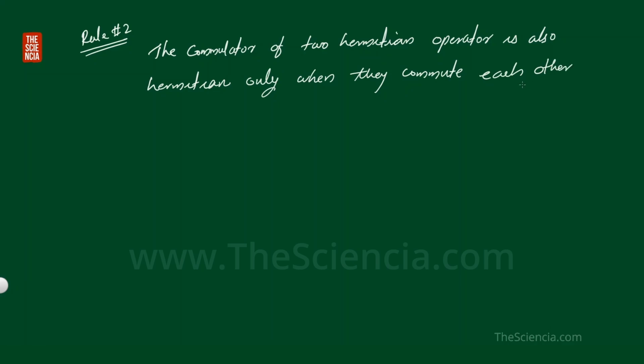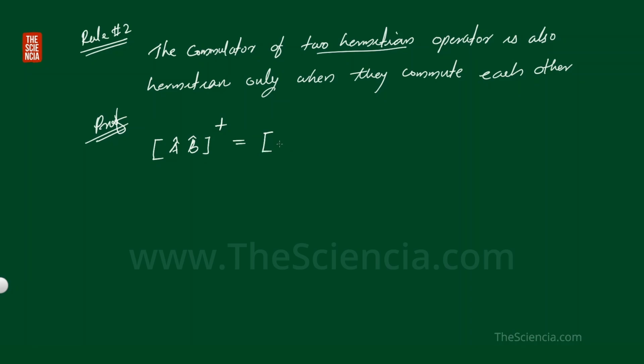What does it mean? I will tell you, it's a proof. How can we prove this? The first condition is the commutator of two Hermitian operators. I am taking A and B as Hermitian operators. So this is the commutator of two Hermitian operators, and this is also Hermitian.